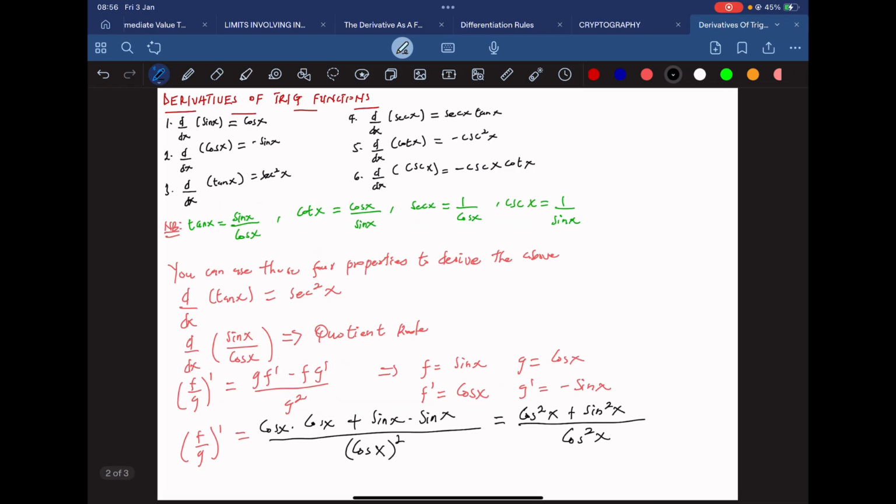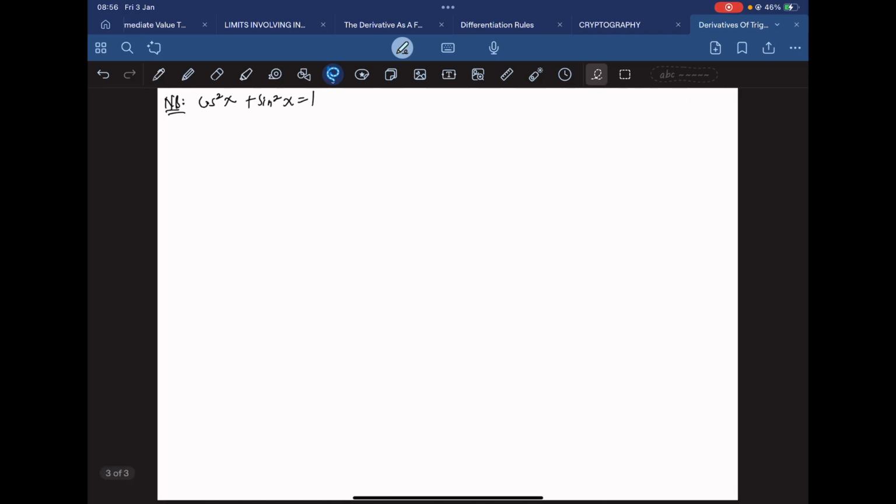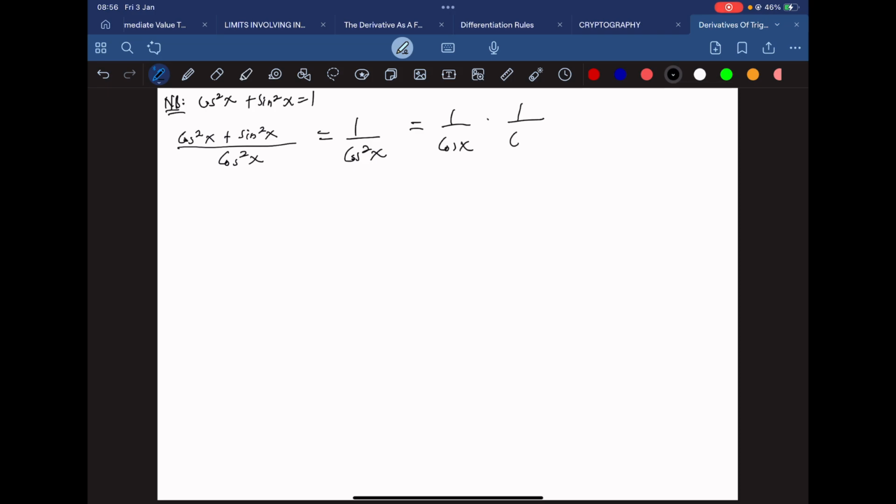So right from here, we can say that this is equal to 1 over cos squared x, which can be written as 1 over cosine of x multiplying 1 over cosine of x.